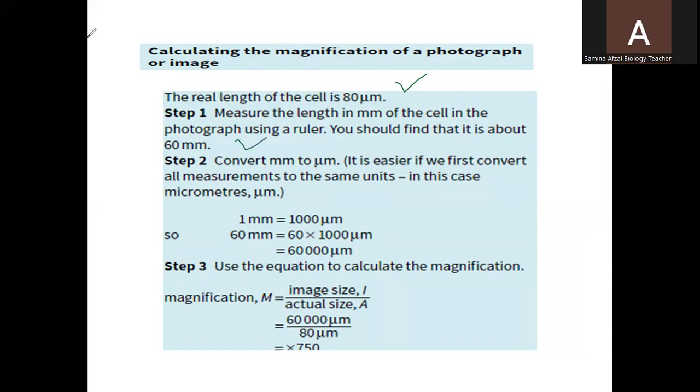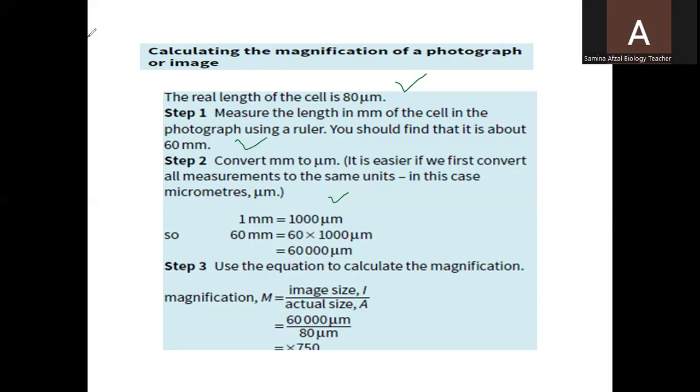And 1 millimeter is equal to 1000 micrometer, so you need to convert the millimeter into micrometer.